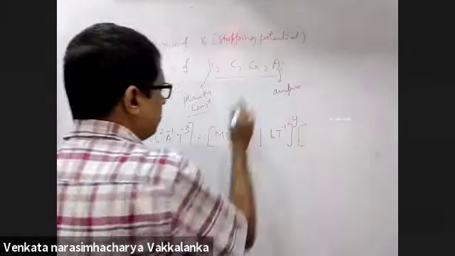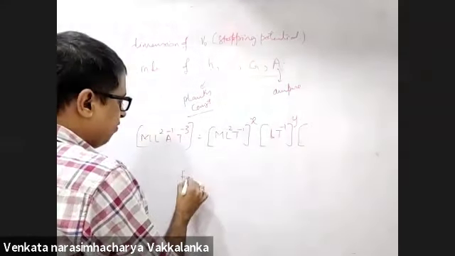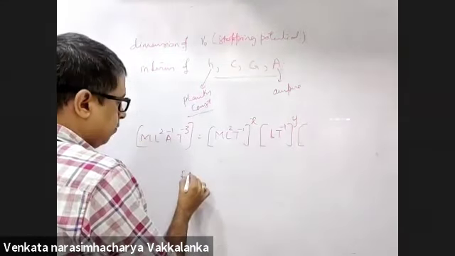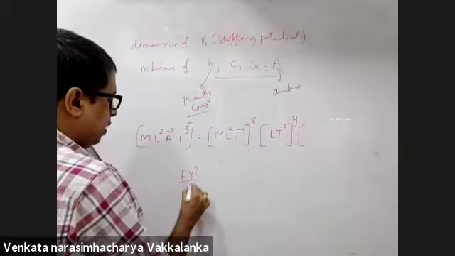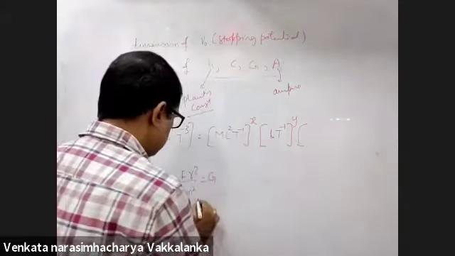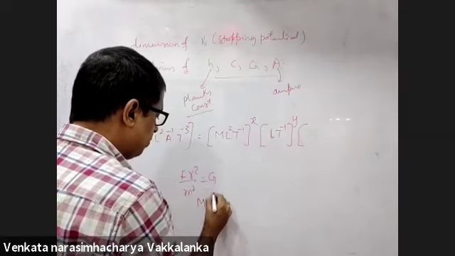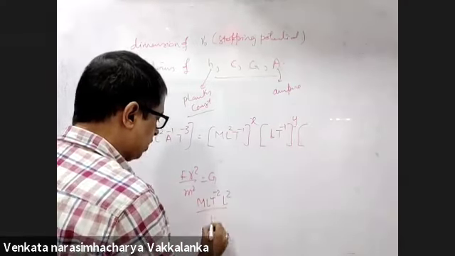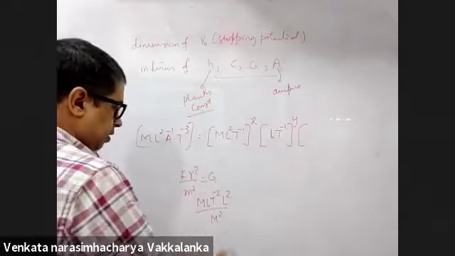Now, capital G will be F R square by M square. So this will be M L T to the power -2 L square by M square. Right?